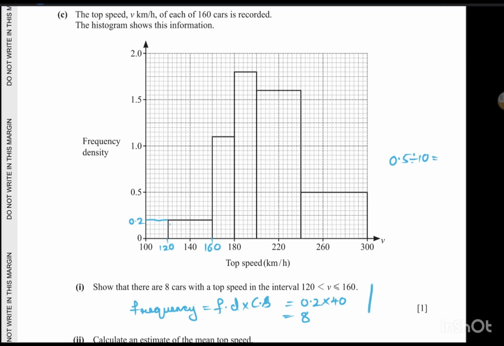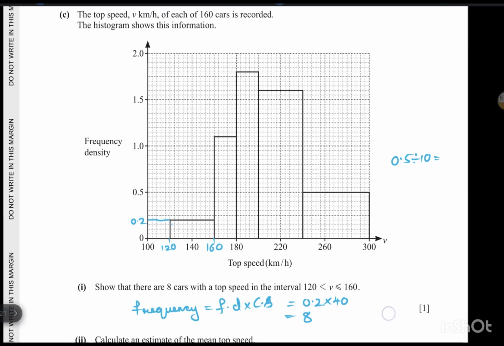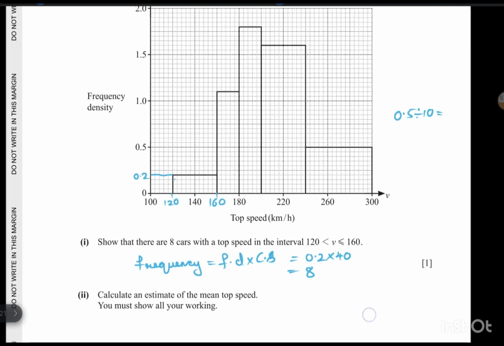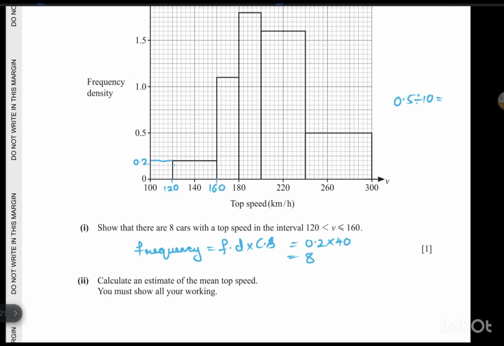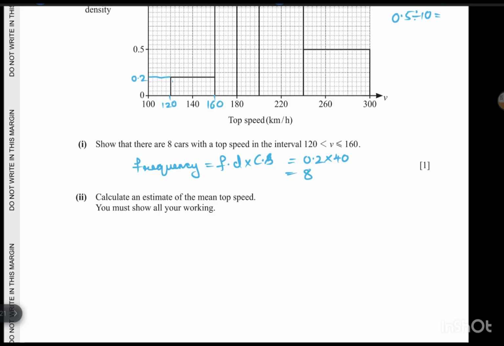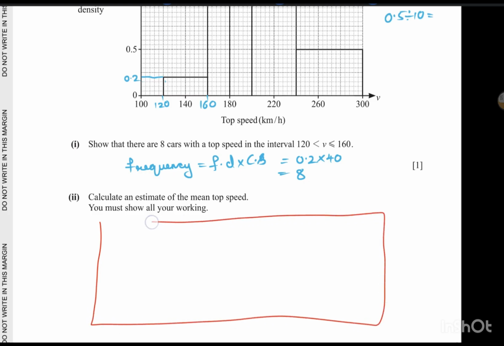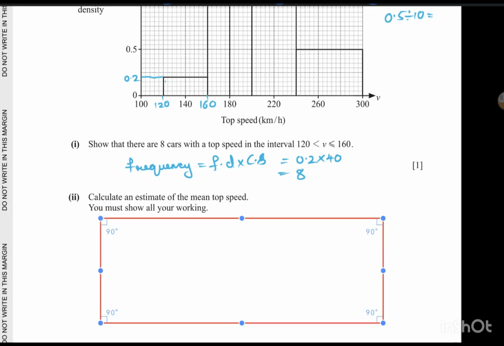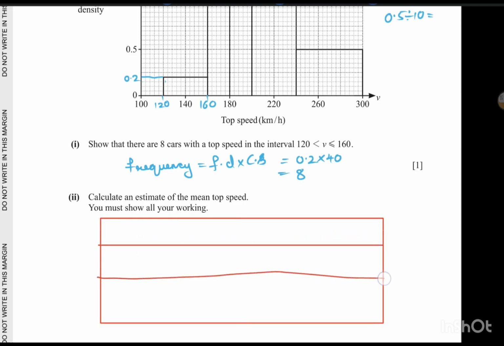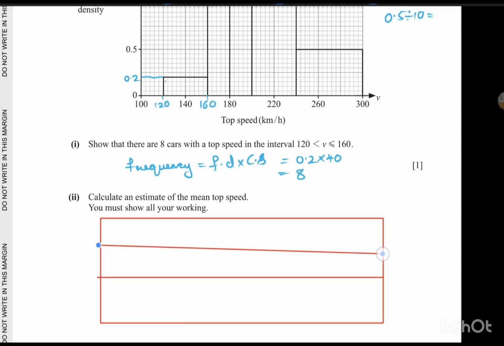Question number 2 now. Calculate an estimate of the mean top speed. You must show all your working. So now to find out the mean top speed, let us make a table so that it will be easy for us to understand. First column will be the class interval, second column frequency, and the third column the mid value.